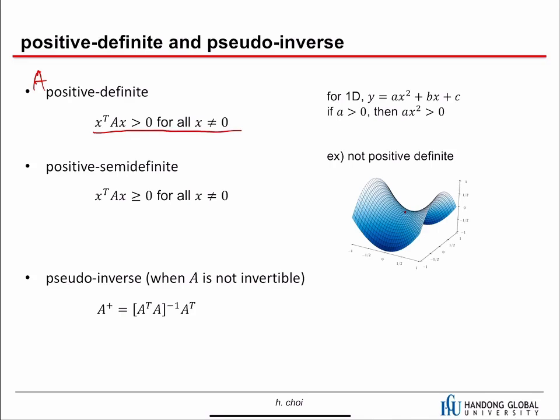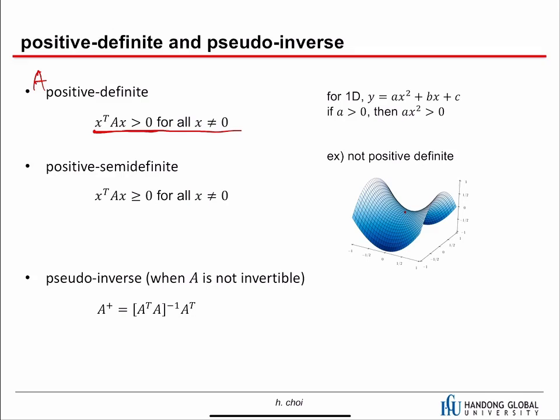Definitely if X is 0, then X transpose A X is always 0. So when X is a non-zero vector, then this is positive. Then the matrix A is positive definite.